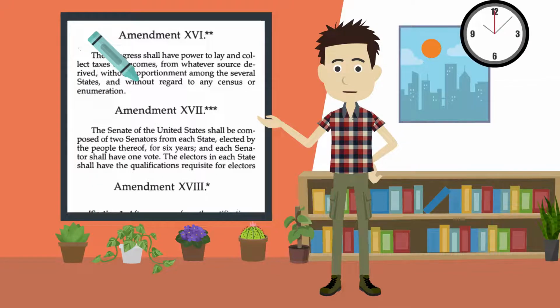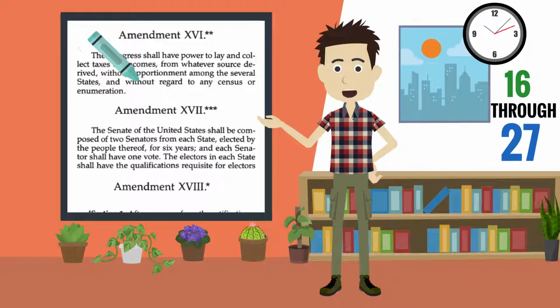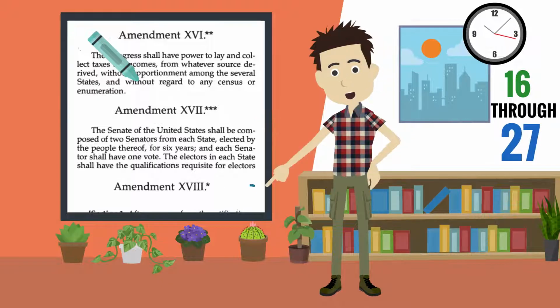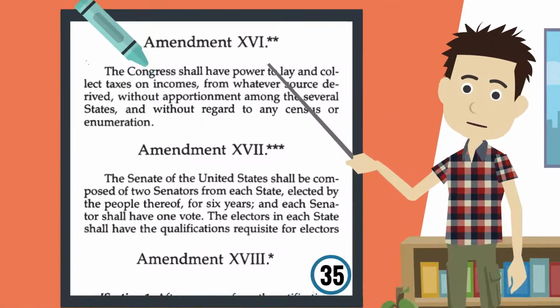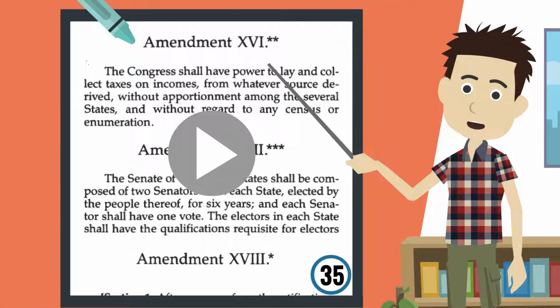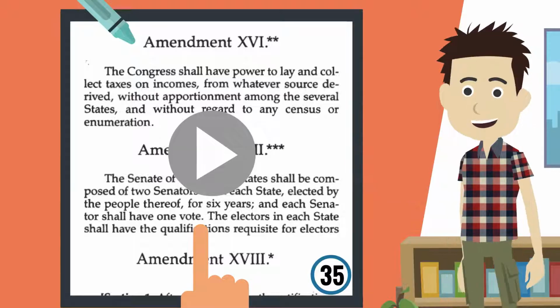You and I are going to race to see who can color Amendment 16 to 27 the fastest. So here's what you're going to do. Turn to page 35. I'm going to turn there with you. Now you see where it says Amendment 16? Put your crayon right there. Don't color yet. Just put the tip of your crayon right at the A at Amendment 16. And I'll tell you when to start. You ready? Let's see who can color the fastest.